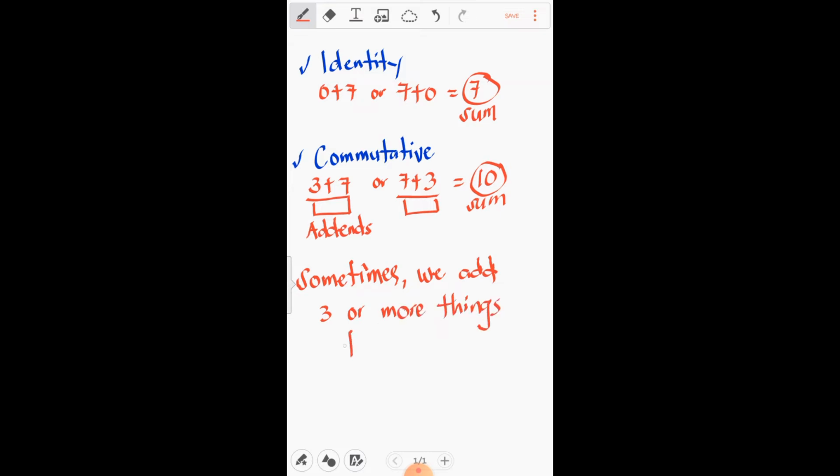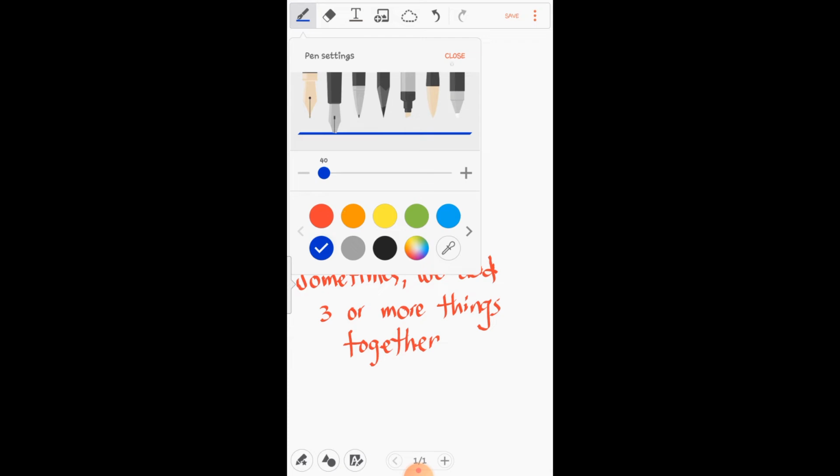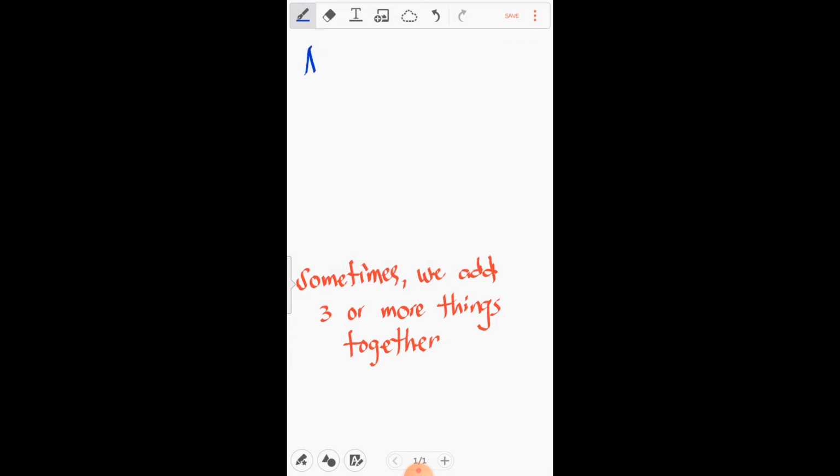Okay, sometimes we add 3 or more things together. So what kind of property is that in addition? It is called, is it identity? Is it commutative? No, it is called as associative property.